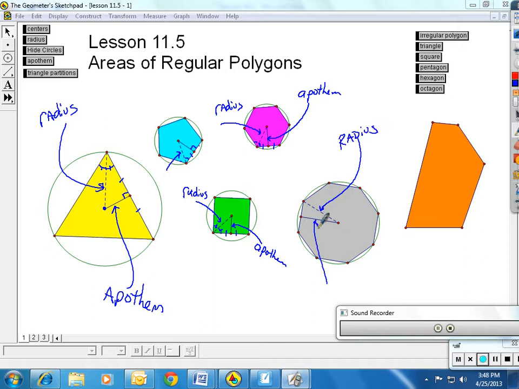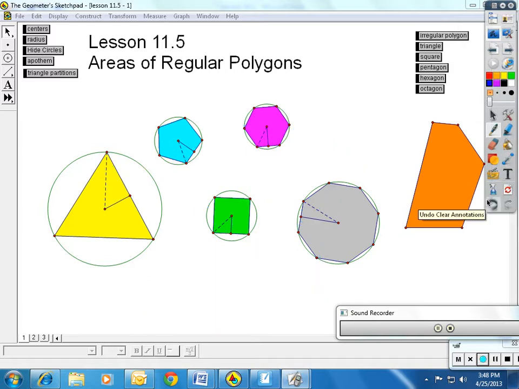This right here is the apothem of the octagon. The apothem is perpendicular, and it bisects the side. The radius bisects this interior angle. So that's terminology. Every regular polygon has got an apothem and also has a radius. Irregular polygons do not.